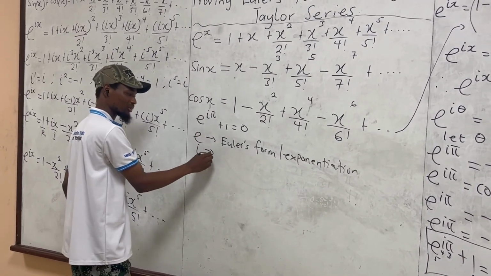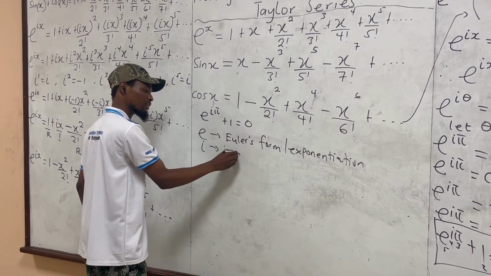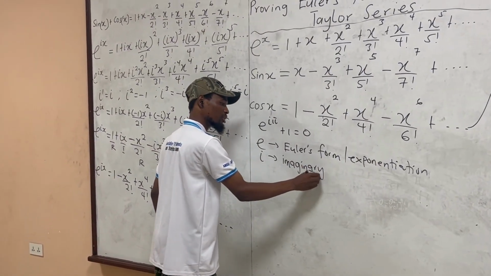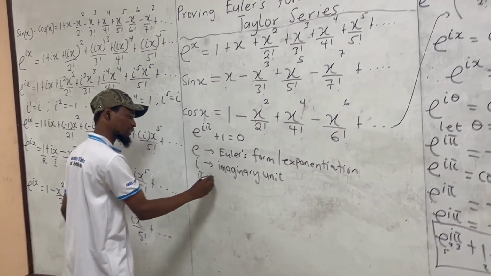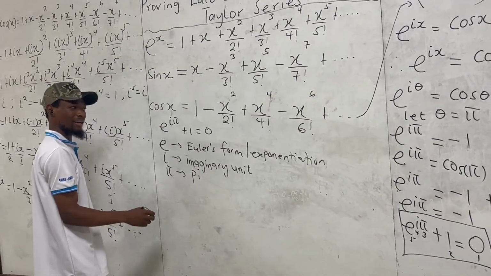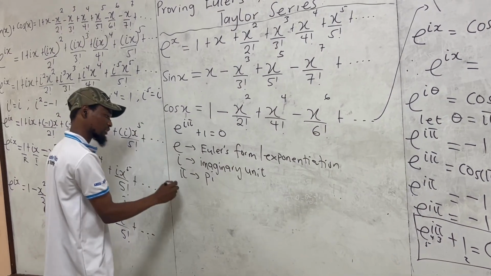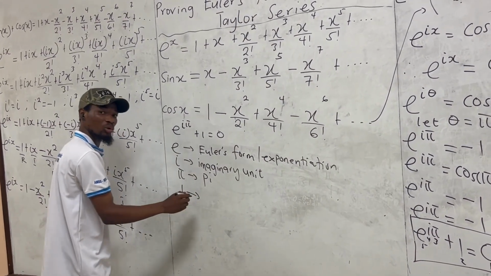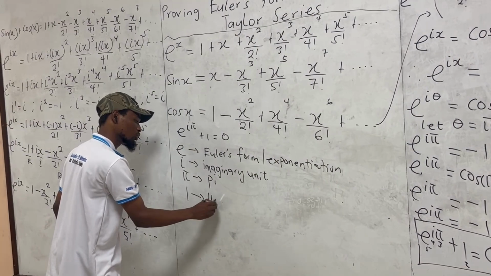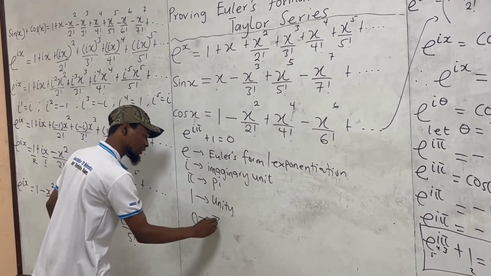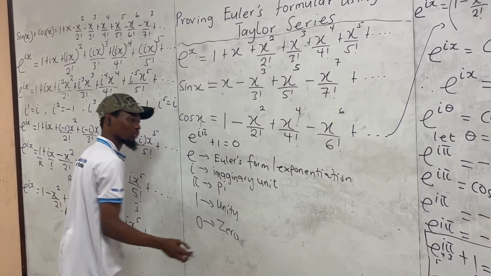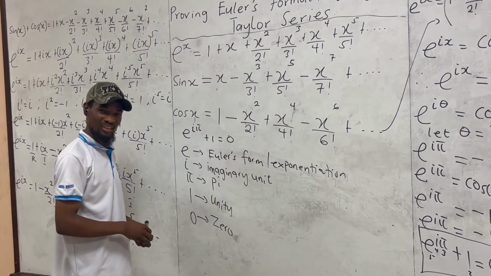These are constants. i here is what? The imaginary unit. Then we have this pi, which is what? Our normal pi. Then we have 1. This 1 here represents what? Unity. And we have what? Our this, which is what? The 0. As simple as that.